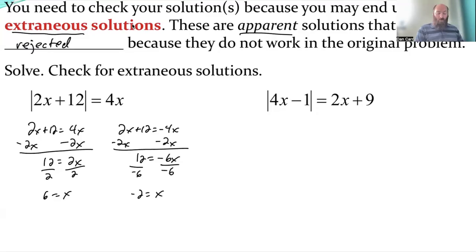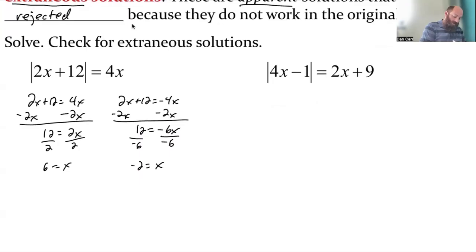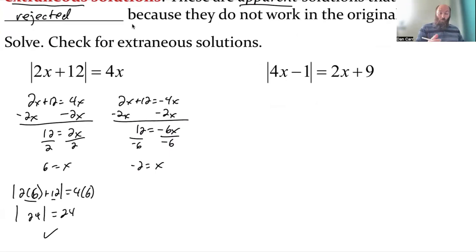But when I plug those back in, the absolute value of 2 times 6, plus 12 equals 4 times 6. So the absolute value, this is 2 times 6 is 12, plus 12 is 24, equals 24. That one checks out.